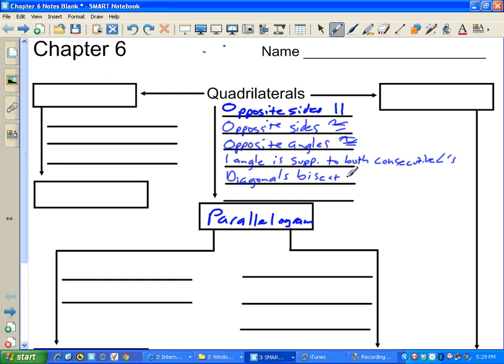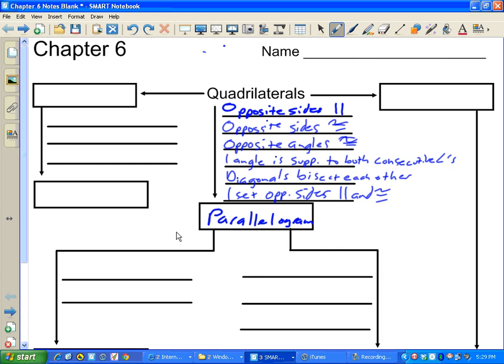And if you have one set of opposite sides that are parallel and congruent. So these are the 6 ways to prove that a quadrilateral is a parallelogram.